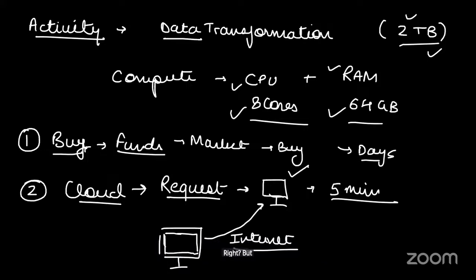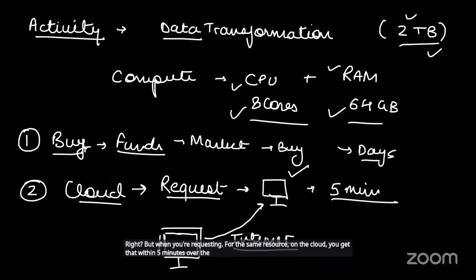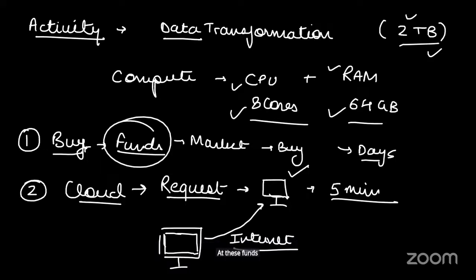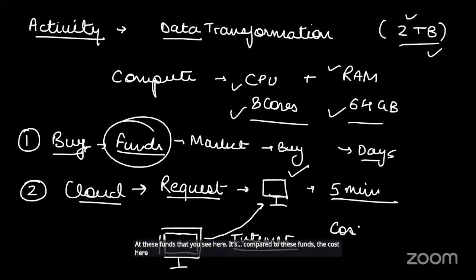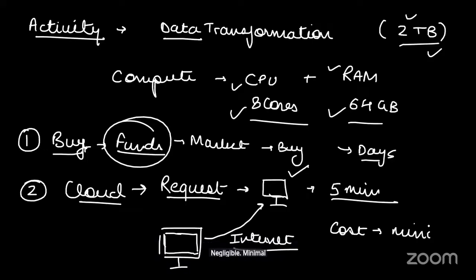But when you're requesting for the same resource on the cloud, you get that within 5 minutes over the internet with zero human interaction. Compared to these funds, the cost here is negligible, minimal.